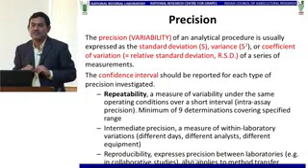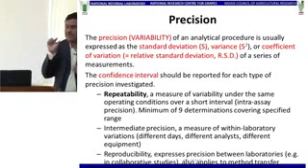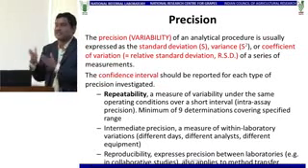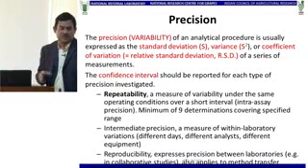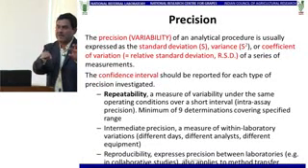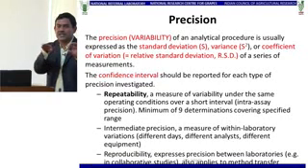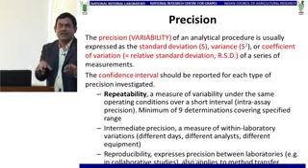So precision is something which is very, very important, because if you analyze in 6 replicates and your MRL is 0.01, sometimes result will be above 0.01, sometimes result will be below 0.01. If the result is above 0.01, regulation says that sample fails. If it is below, then sample passes.